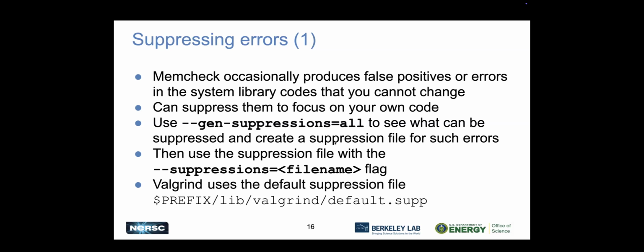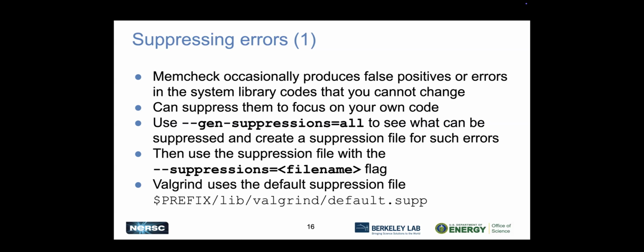It can be tedious work, and you keep only the errors that you want to suppress, not the errors from your user code, for instance, right? And then use that suppression file using this flag, and you run memcheck.